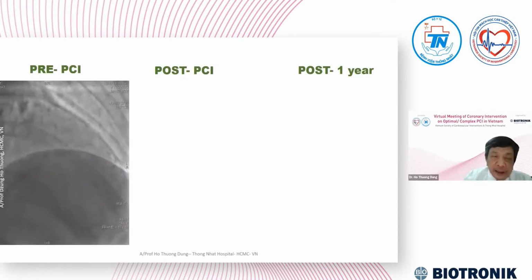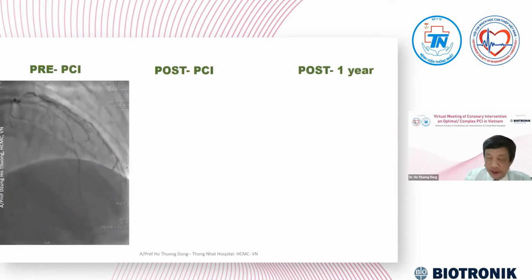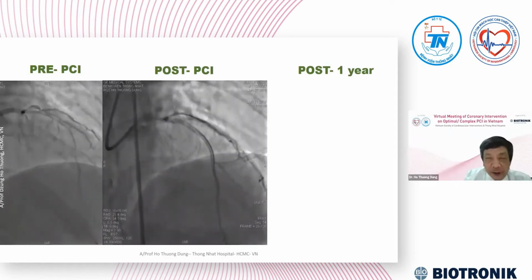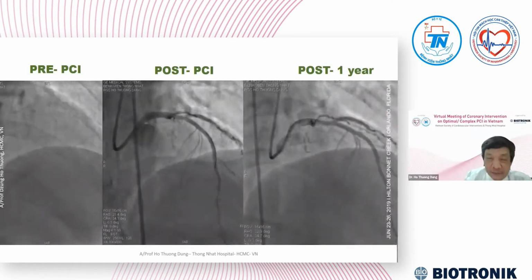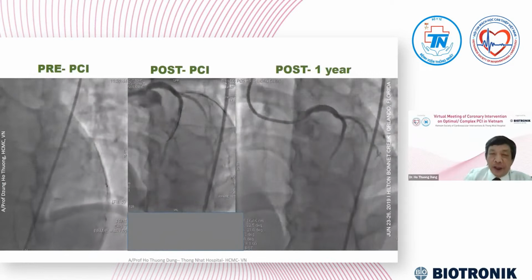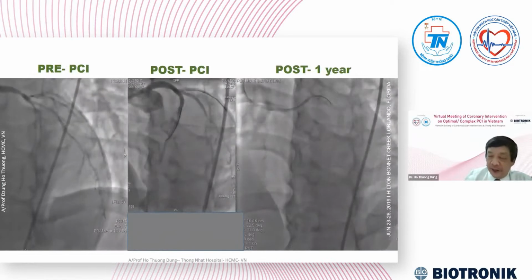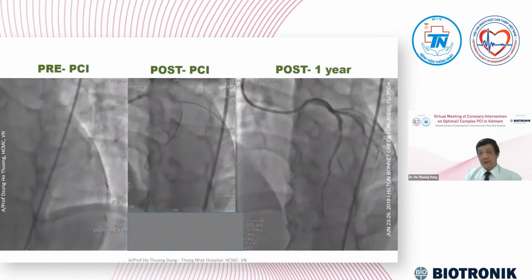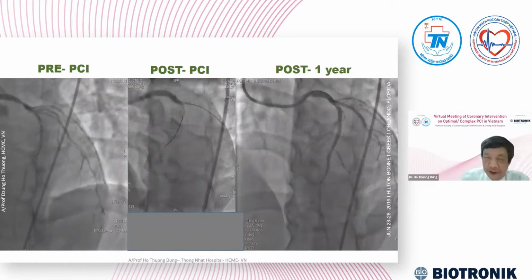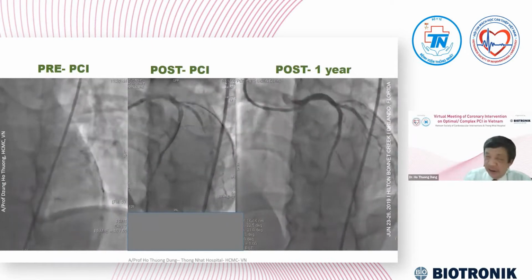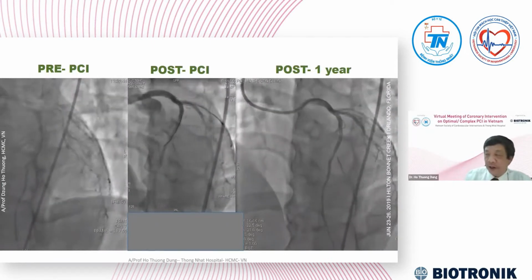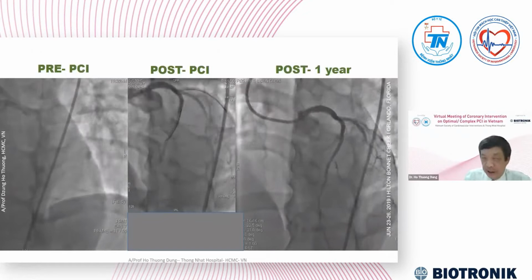I didn't have experience with this kind of situation at that time, but by now I have some experience. So in this case, I have one question for the experts, for the faculty, and for the panelists. In a long diffuse lesion such as this case, we have the no-stent strategy, or stentless strategy.